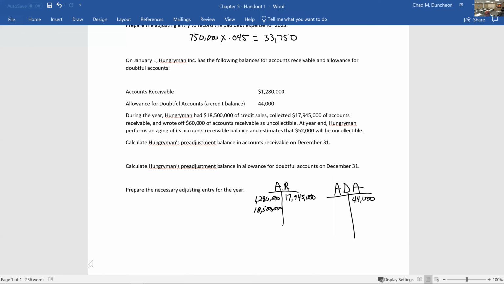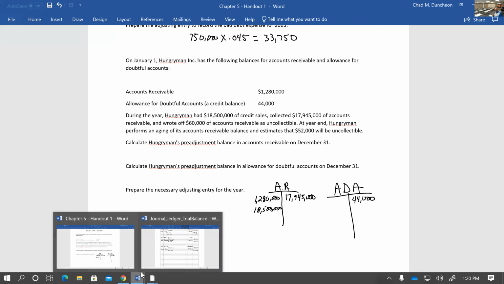Okay, so we have that posted onto our ledger, also into our T account. At the end of the year, we wrote off $60,000 of accounts receivable as uncollected. Since we're using the aging method, that is an allowance method.